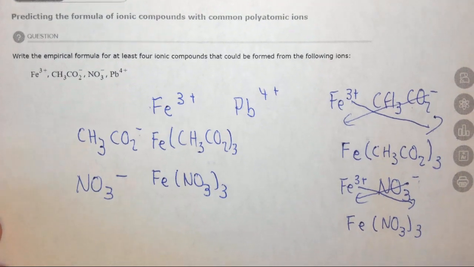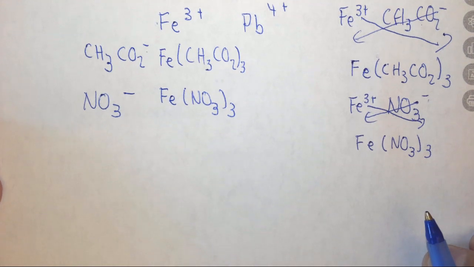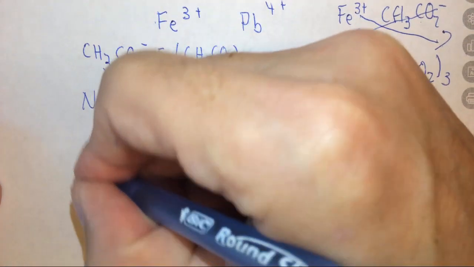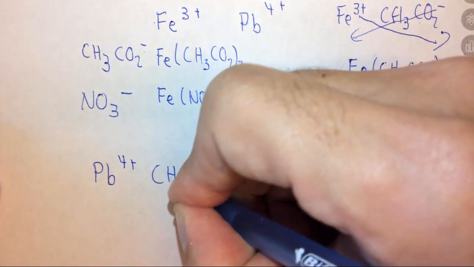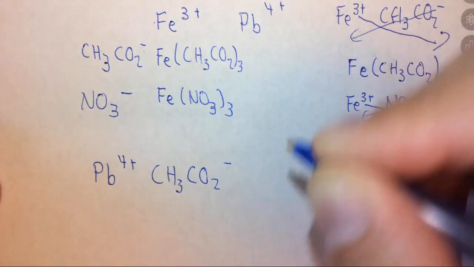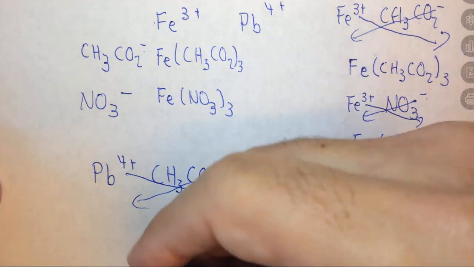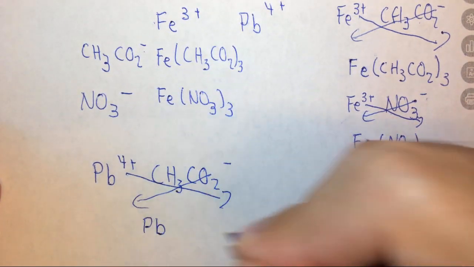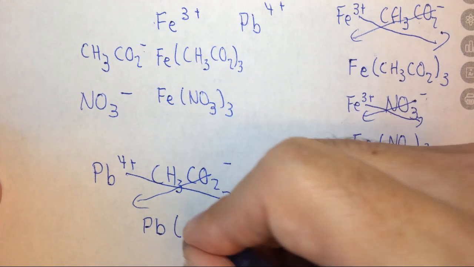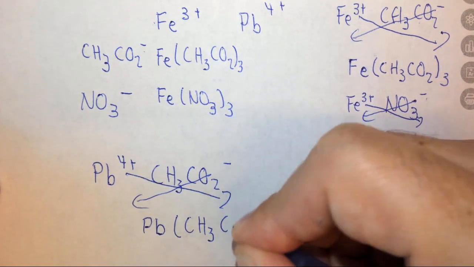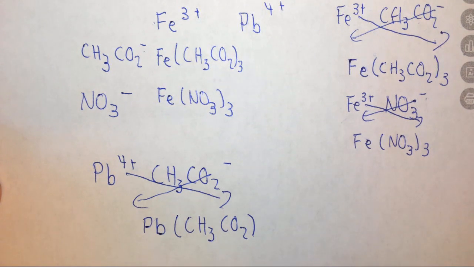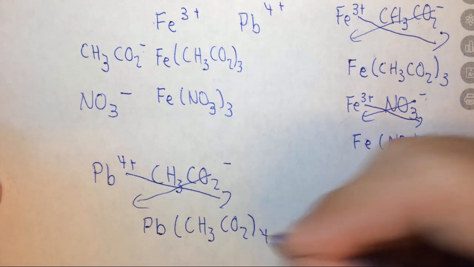Now we're going to do the same thing with lead. I'm going to have to move the paper a little bit in order to have room to do that. So we have Pb4 plus, CH3CO2 minus, we cross them, and again we're going to have to put the polyatomic ion in parentheses, so it's Pb, parentheses, CH3CO2, the polyatomic ion acetate, and we need 4 of them.